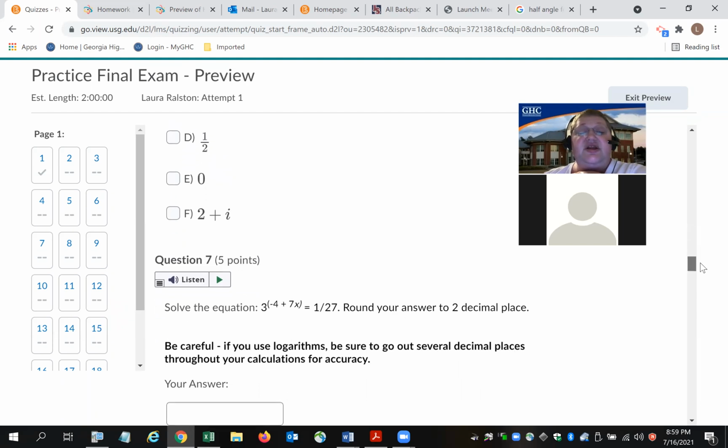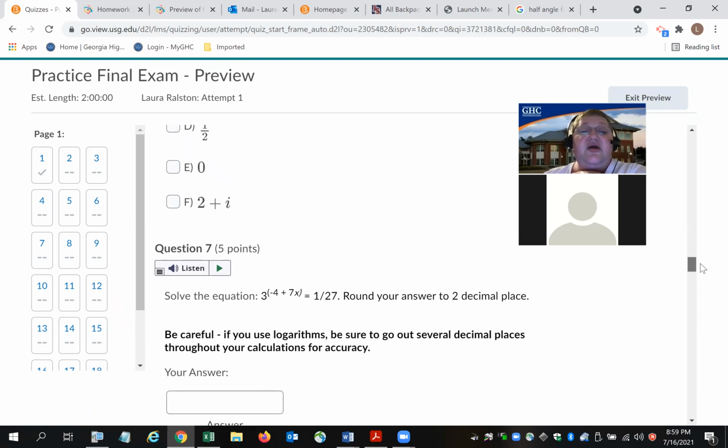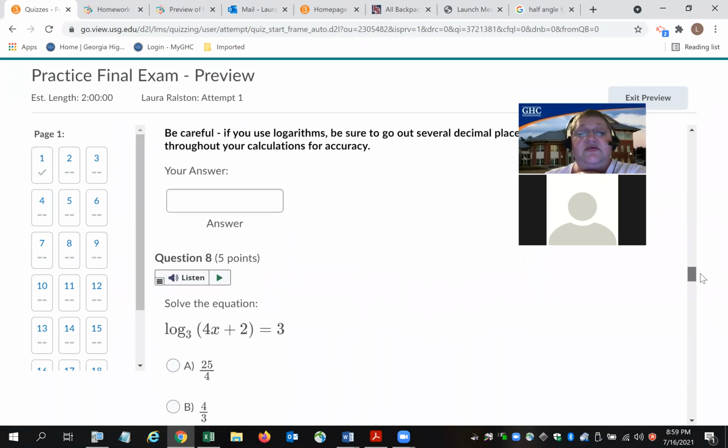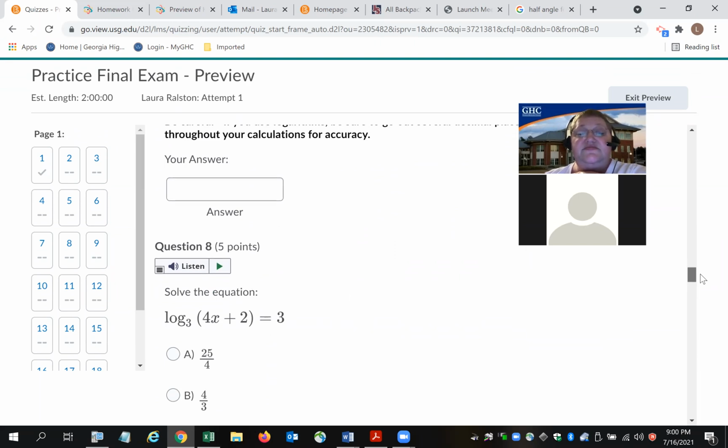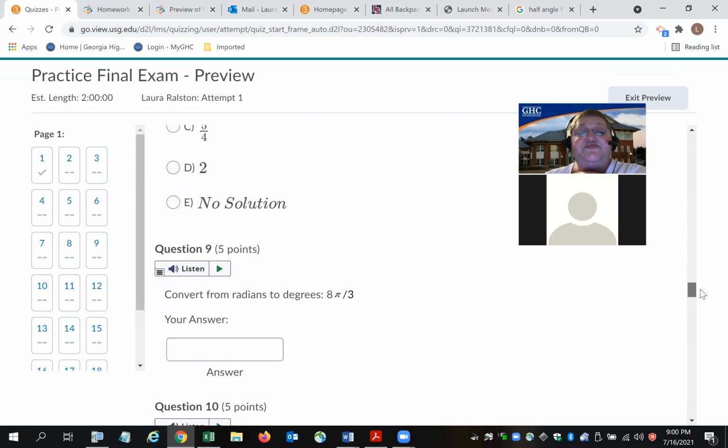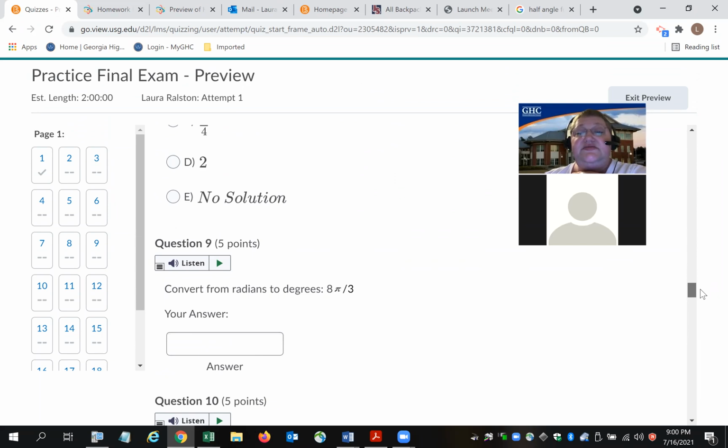Solving the equation log of -4 plus to the, that's an exponential. Then you have a logarithmic equation. Converting from radians to degrees.